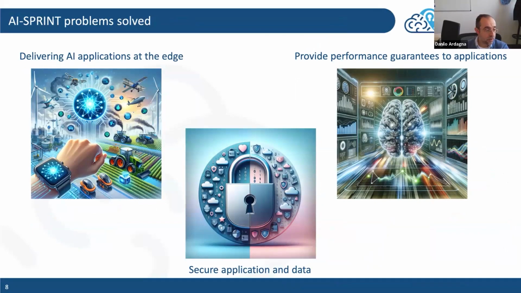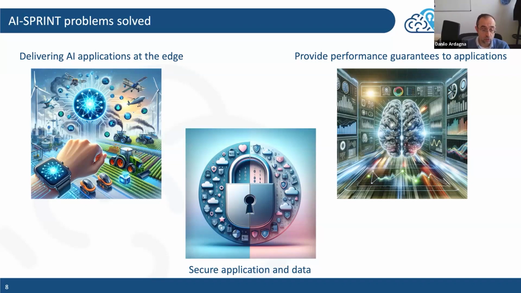We provide performance guarantees in our solution, where, for example, we consider as performance metrics not only the throughput or the latency of the application, which are actually important, because we really have to serve applications with real-time or near real-time performance constraints, but we are considering also energy.